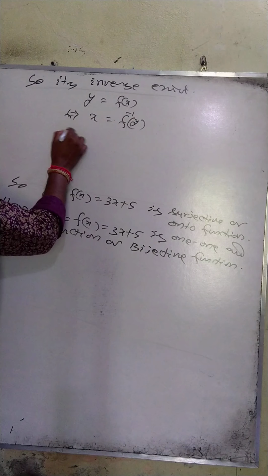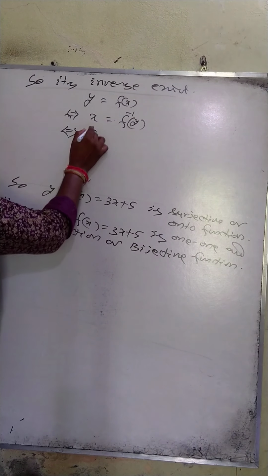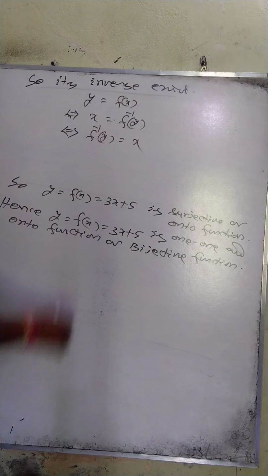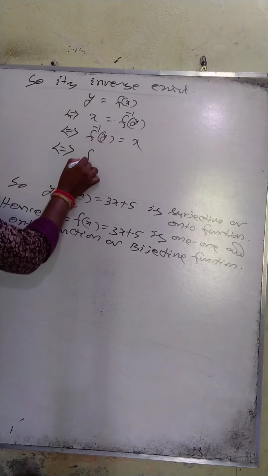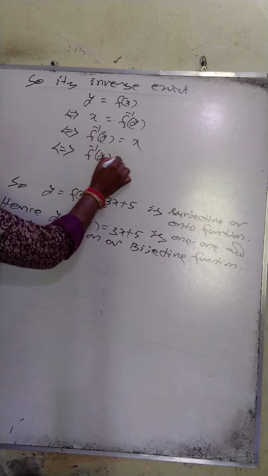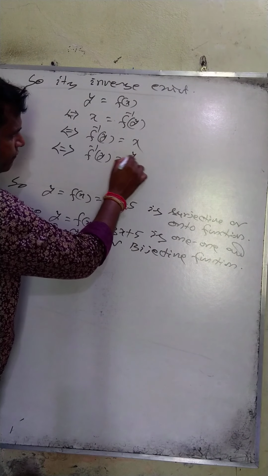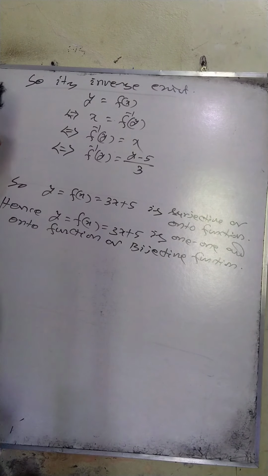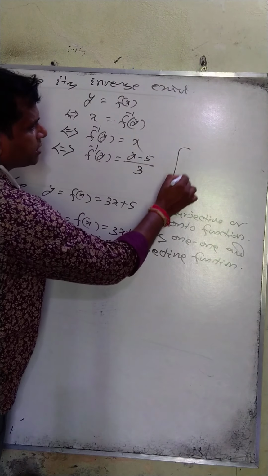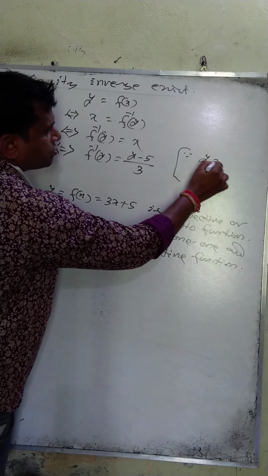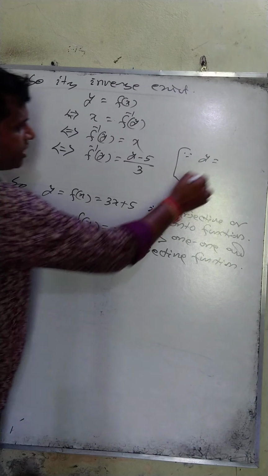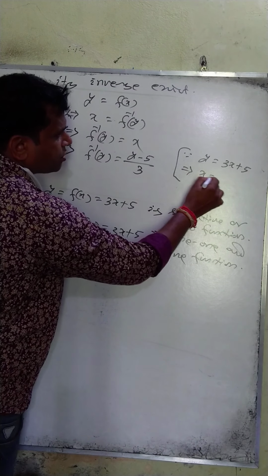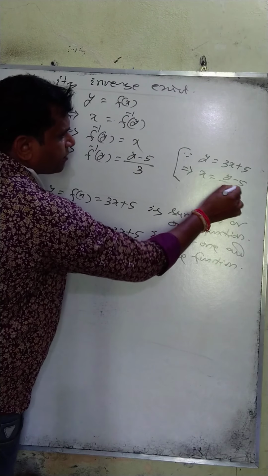That implies and is implied by f inverse y is equal to x. F inverse y equal to y minus 5 whole divided by 3. Y is equal to 3x plus 5. That implies x is equal to y minus 5 divided by 3.